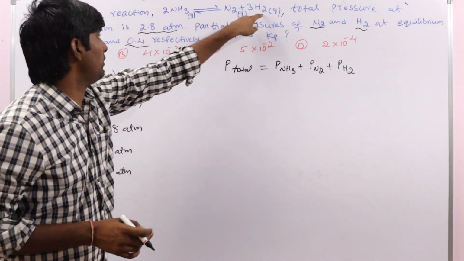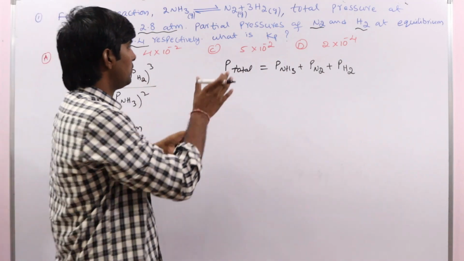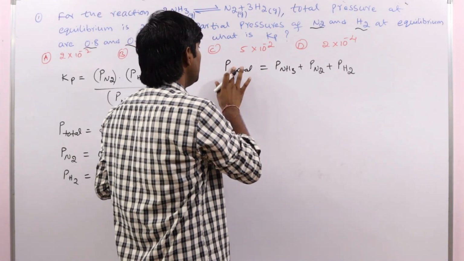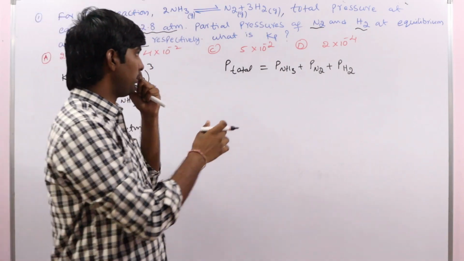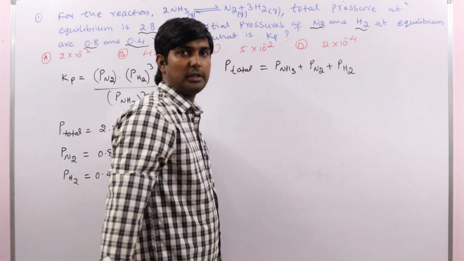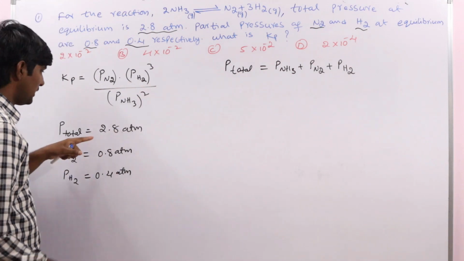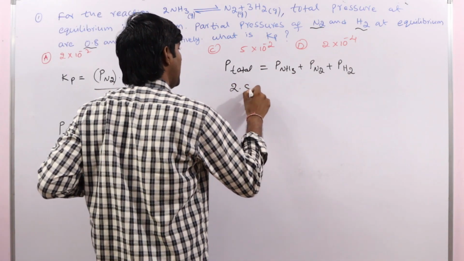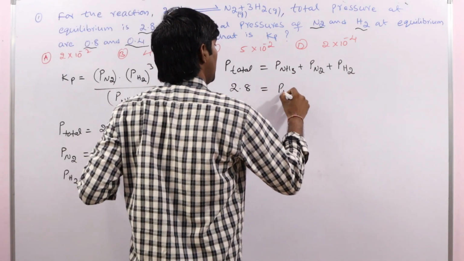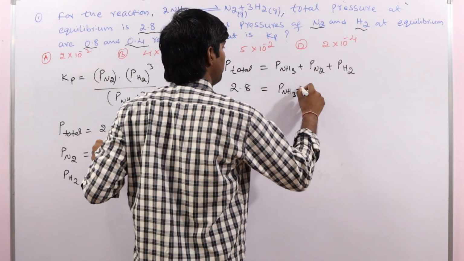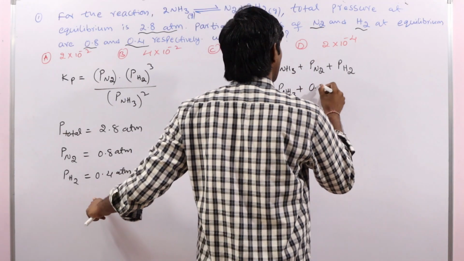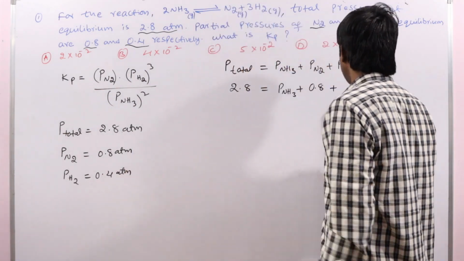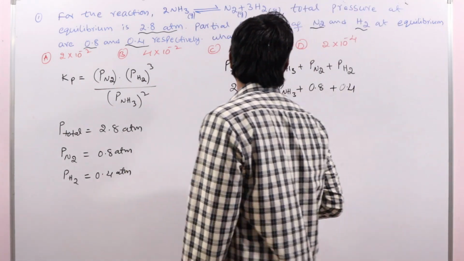Here we have 3 species in total. So P total is given as 2.8, partial pressure of NH3 we need to calculate, plus partial pressure of N2 is 0.8 and partial pressure of H2 is 0.4.